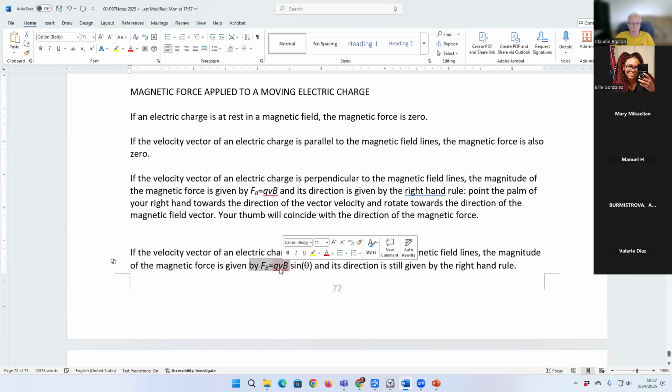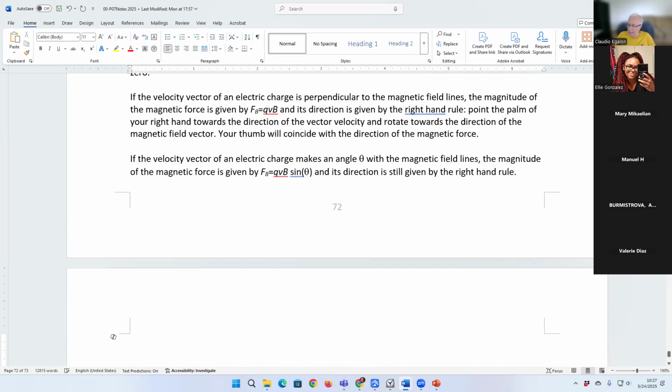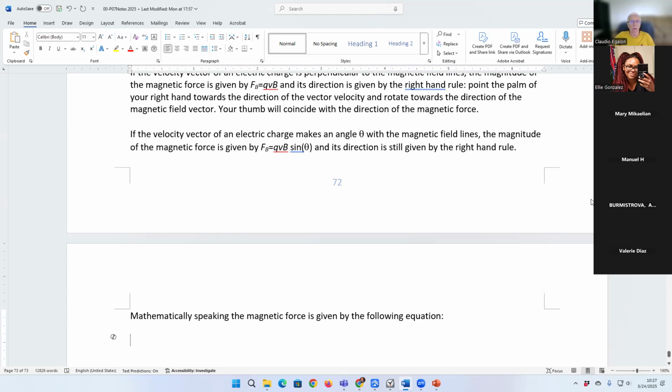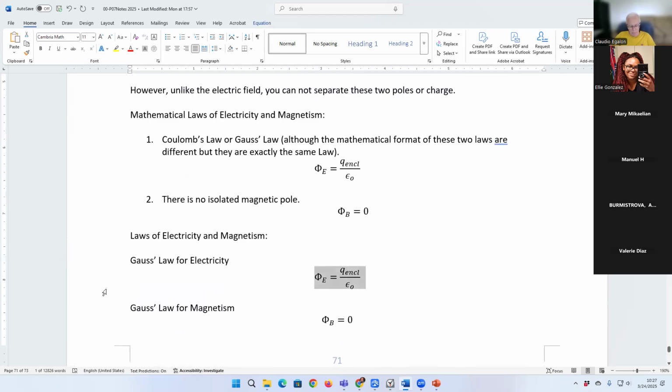This one here is the most generic equation. Mathematically speaking, the magnetic force is given by the following equation.